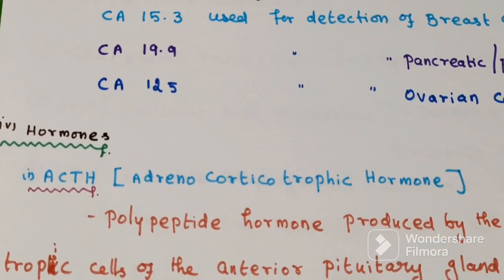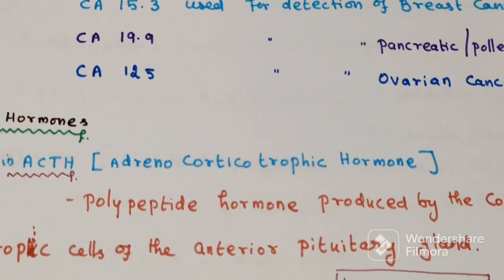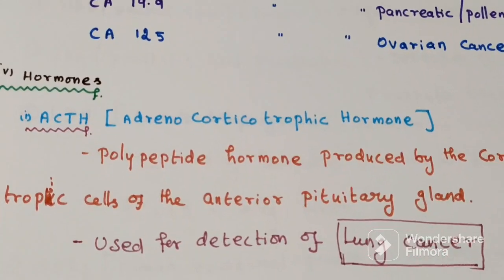Next, hormones. The first hormone, ACTH, is used for detection of lung cancer.